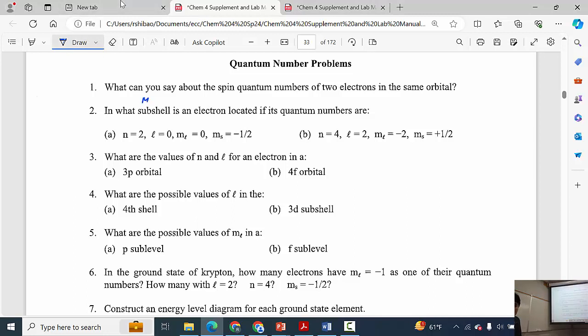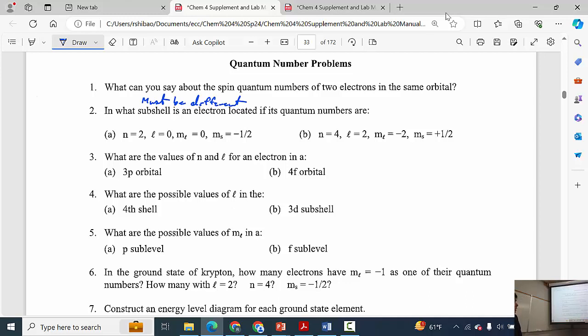They can't be the same. They must be different. One has to be plus 1/2, the other has to be minus 1/2. Otherwise, it would violate what? Pauli exclusion principle. Yeah.